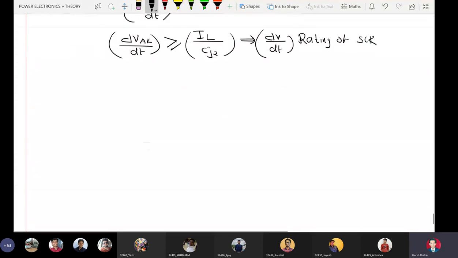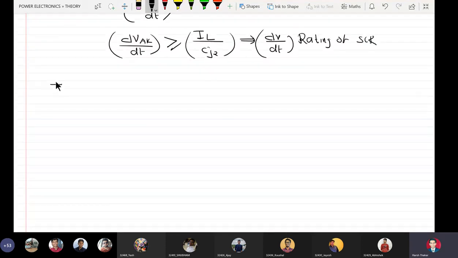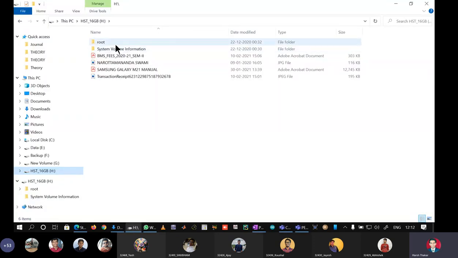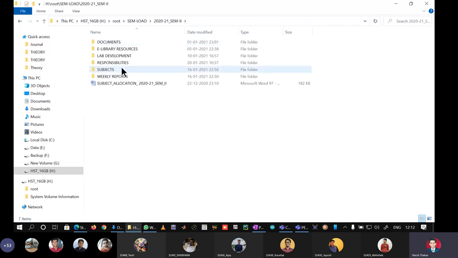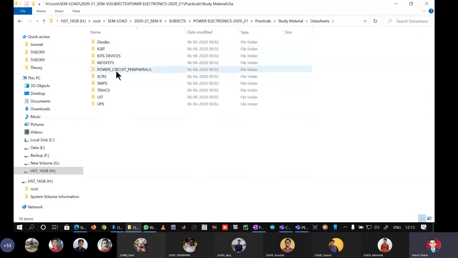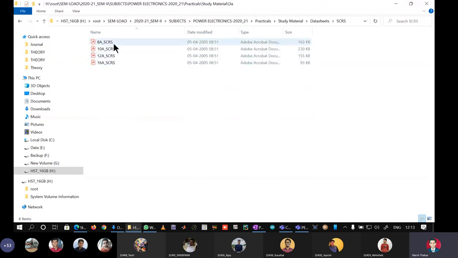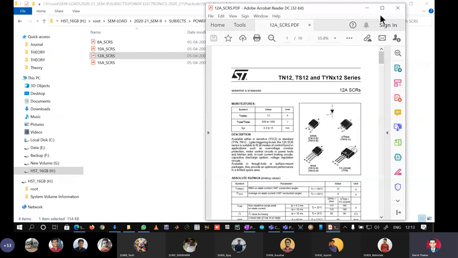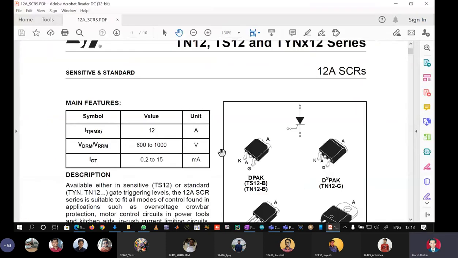Yeah. So let us see what are the datasheet ratings of TWAN 612 for the SCR TWAN 612. Let me show you the datasheet directly. This is the datasheet of TWAN 612.